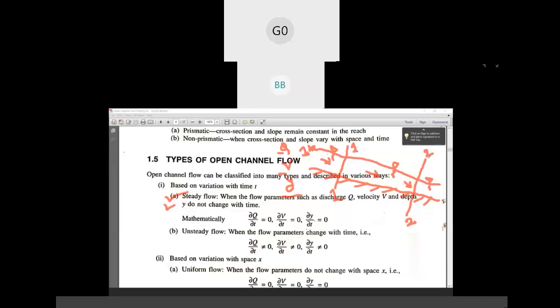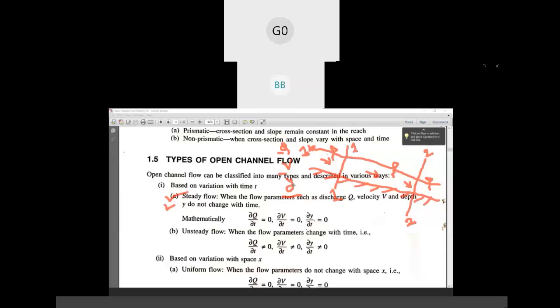We are not moving to the second section. In the first section we measure discharge, velocity, and depth of flow, and after some time, let it be 1 hour, we measure again at the same section and get the same value of discharge, velocity, and depth of flow.